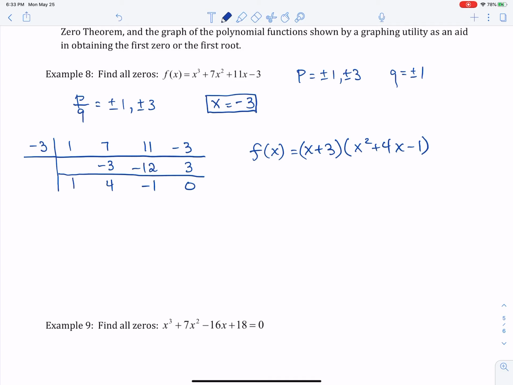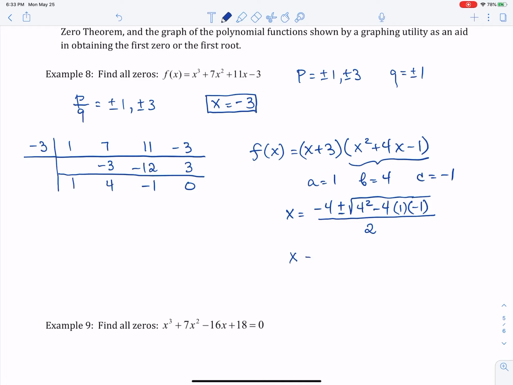So now we'll have to use the quadratic formula to solve this part. a is 1, b is 4, and c is -1. So x is equal to negative b plus or minus the square root of b squared minus 4ac, all over 2a.